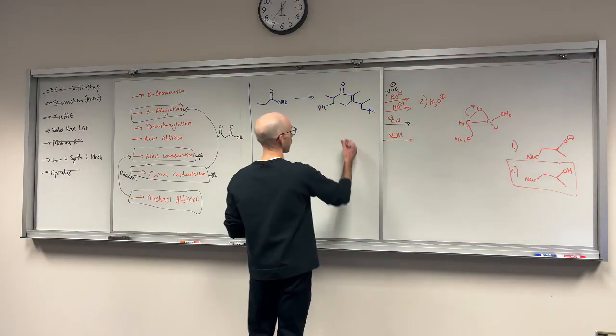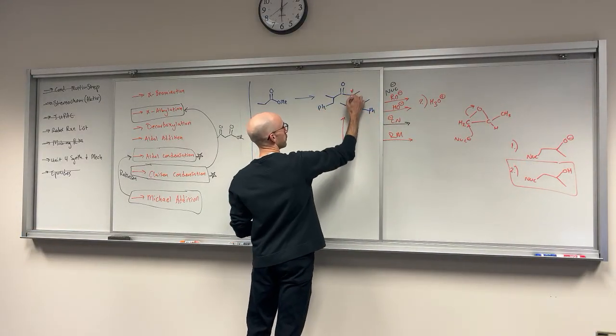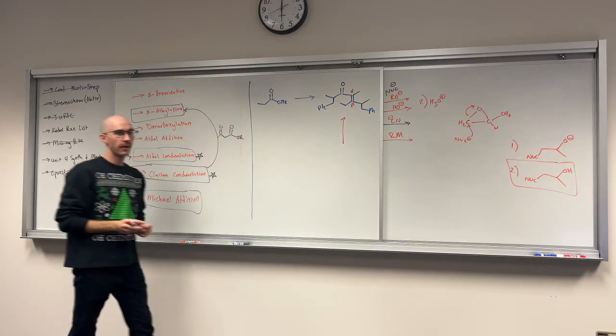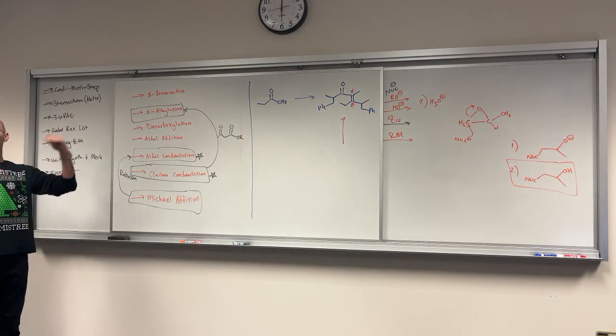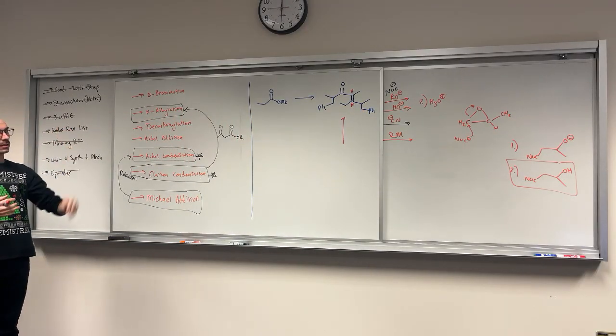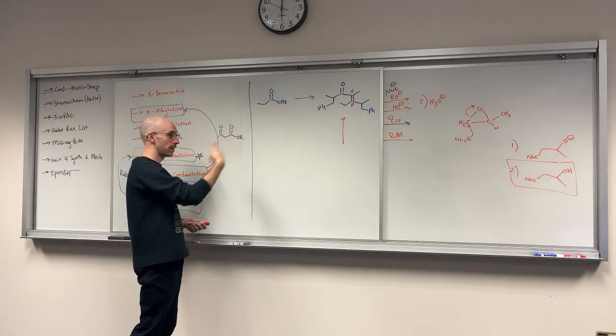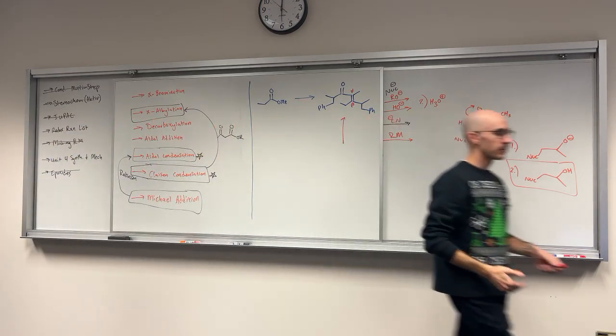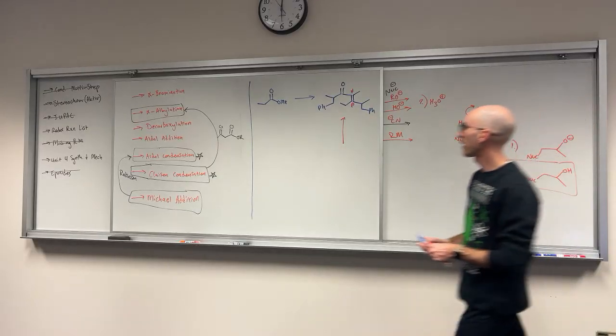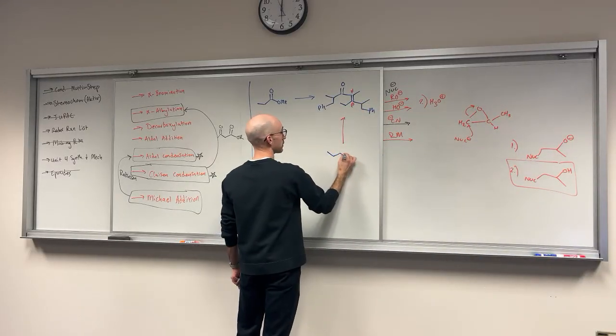I'm going to start with a retrosynthesis because we learned how to break apart an alpha-beta condensation product. Alpha and beta is the bond I'm trying to make in this step. So alpha and beta is the bond that I will break in this step.